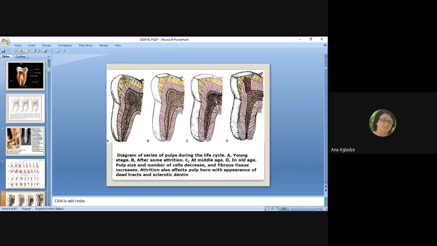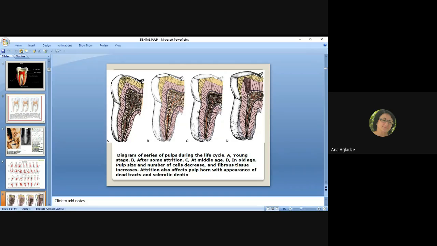And here you can see that the dental pulp chamber is reduced, diminished, and this is age changing, and this attrition also affects the pulp, with appearance of dead tracks, you can see, and sclerotic dentin. And you know that the secondary dentin, which is laid down throughout the whole life, decreases the dental pulp chamber.